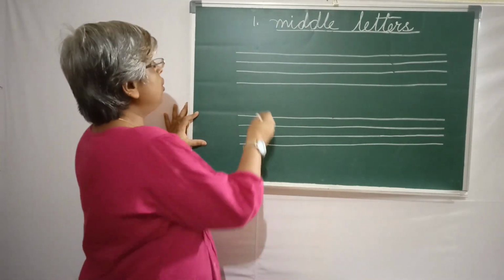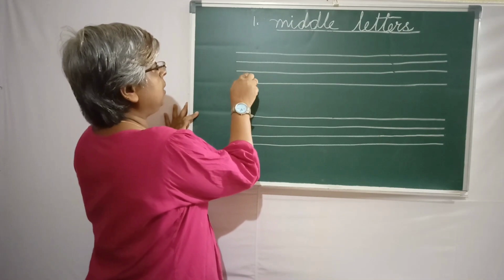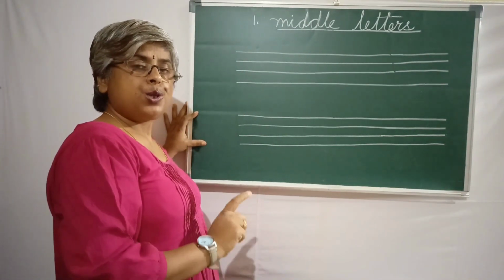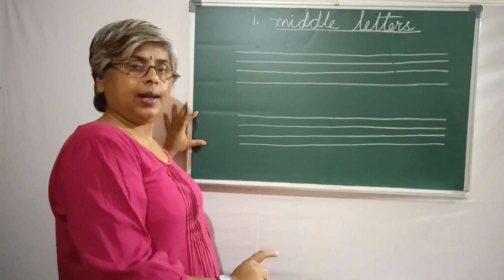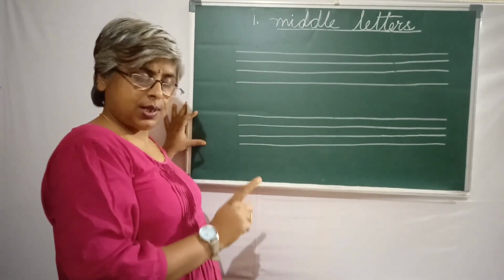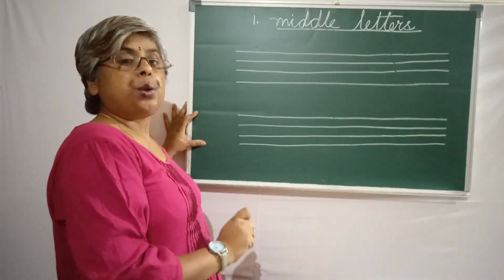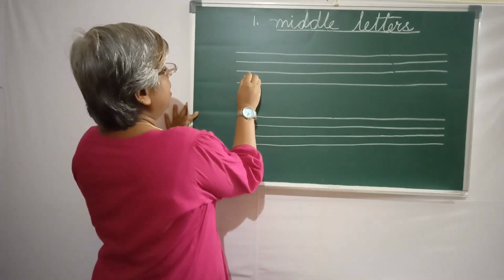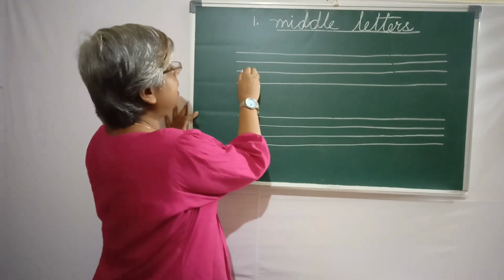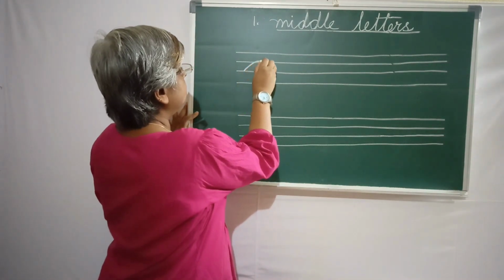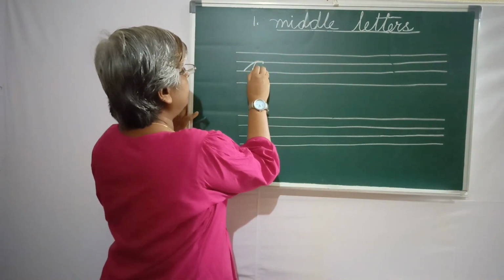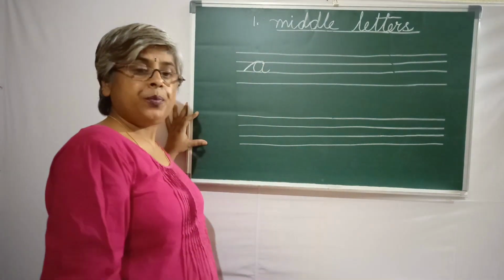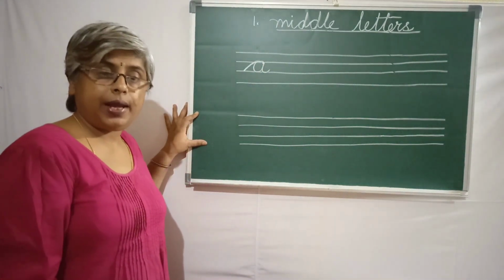What you have to do is place the pencil in the third line. All the middle letters start from the third line, go to the second line and then return to the third line. Now see, A. I am just keeping my pencil here in the third line. I am turning. A. Cursive small a.